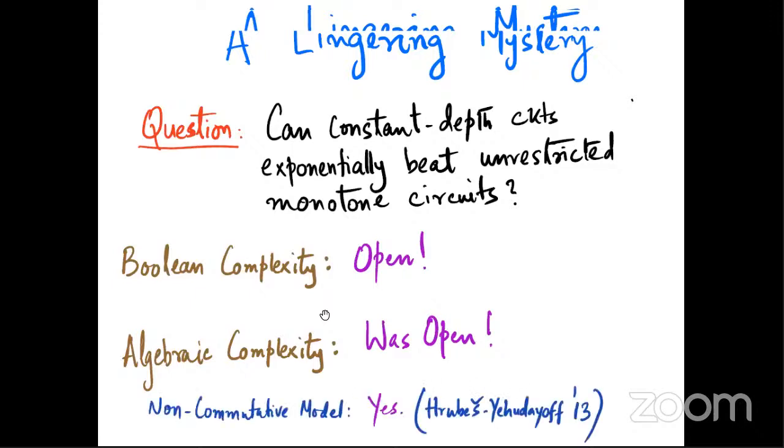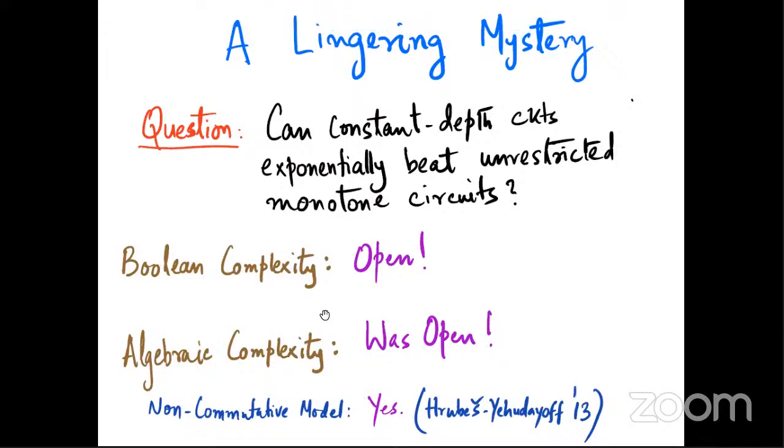There was one work a few years back due to Pavel Rubish and Amir Yehudayov, who showed, in the non-commutative model that Prerna was earlier talking about, that the question has a positive answer, meaning there is a non-commutative polynomial which can be computed in constant depth using cancellations, while in the monotone world unrestricted circuits require exponential size.